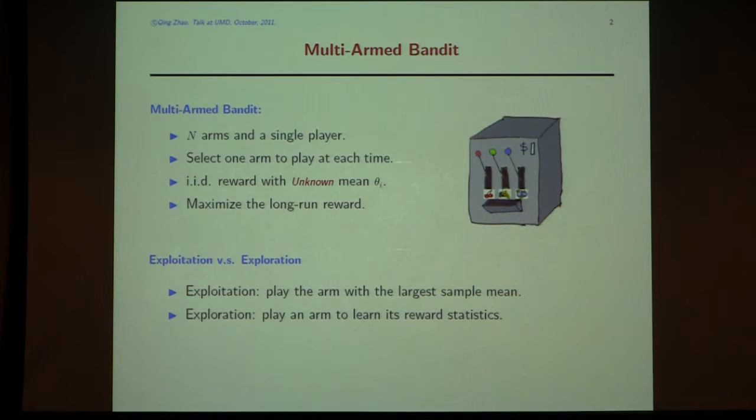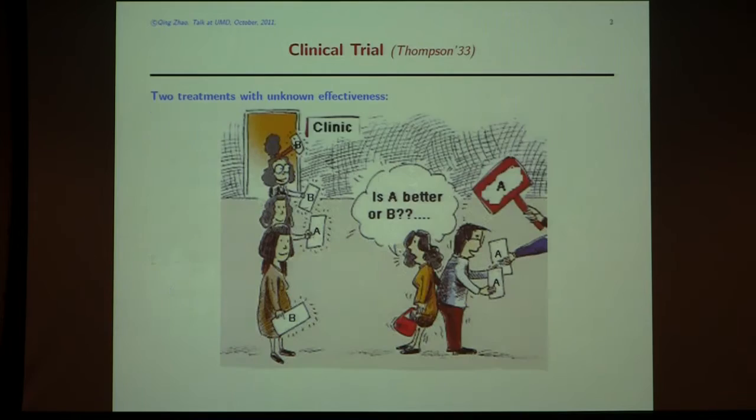It has diverse applications. The first multi-arm bandit problem was posed by Thompson in 1933. He was a professor at the Department of Pathology at Yale University. The application he was considering is clinical trials. Consider patients with a certain condition arriving at a clinic sequentially.